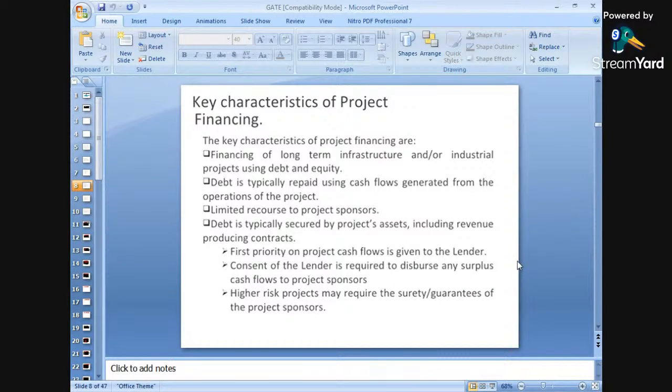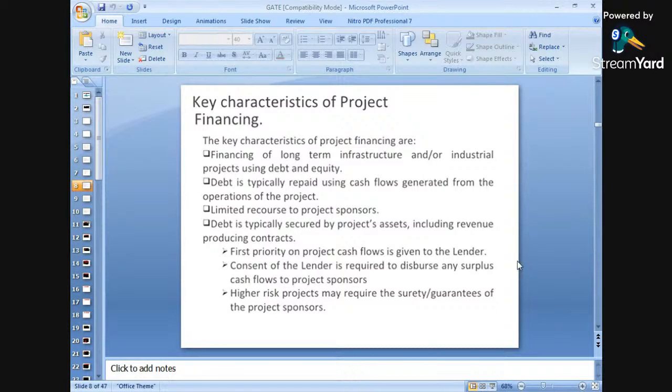Next, what are the key characteristics of project financing? These are the main things related with project financing. The key characteristics are financing of long-term infrastructure and industrial projects using debt and equity. Debt is typically repaid using cash flow. The amount which has been invested will be paid back through various means.